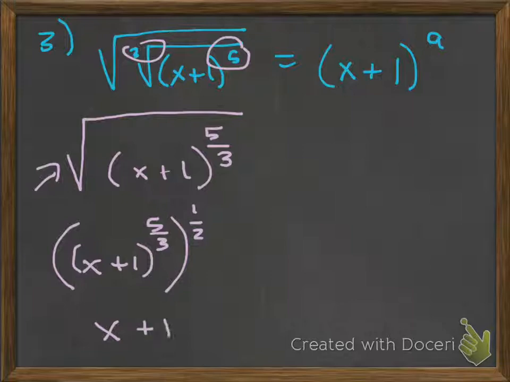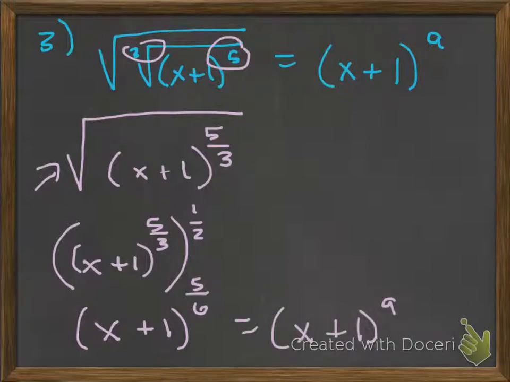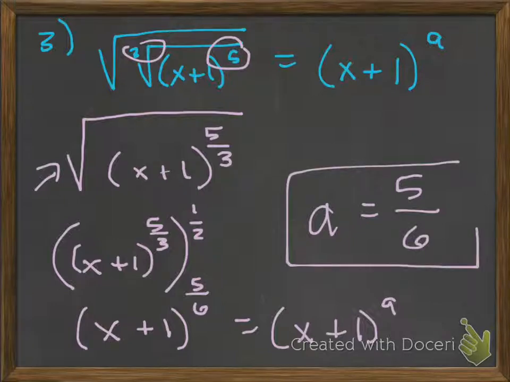So this is x plus 1 raised to the 5/6 power. So if I now drop that right hand side, my value of a obviously has to be 5/6 because that would be the only exponent that would work. So my a value would be 5/6.